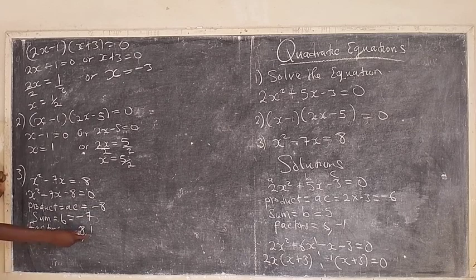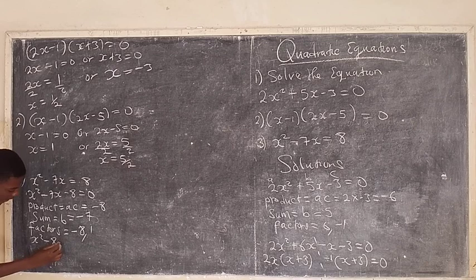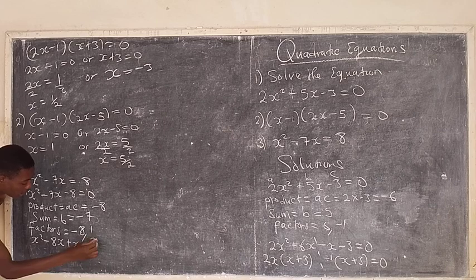So now, these factors should be substituted in the B part. So we are going to say x squared minus 8x, then to maintain the meaning, we add x, then plus 1x is the same as x, then minus 8.